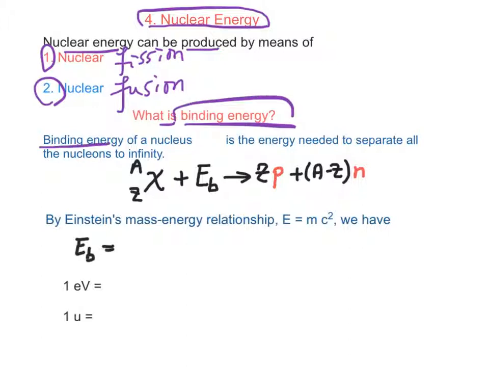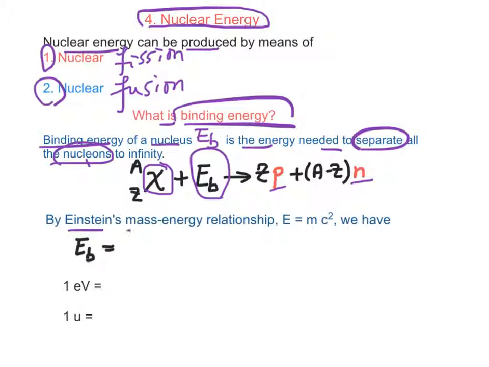Binding energy of a nucleus, EB, is the energy needed to separate all the nucleons to infinity. In order to separate the nucleons of a nucleus X into separate protons and neutrons, we have to use binding energy EB.